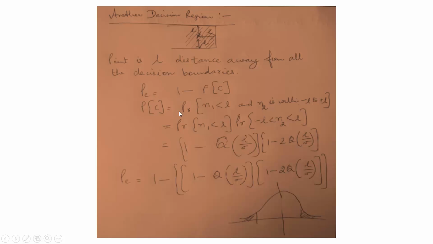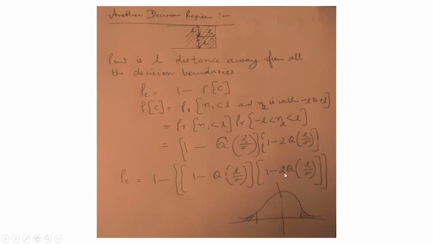The correct decision will be made when N1 is less than L, along the horizontal direction, and for the vertical axis, N2 will be between minus L and L. So this will be 1 minus Q of L by sigma, and this term will be 1 minus twice Q. If you draw the PDF, these two areas correspond to the probability of error.